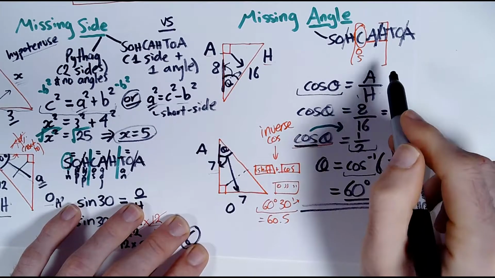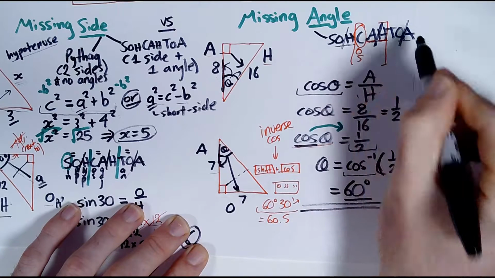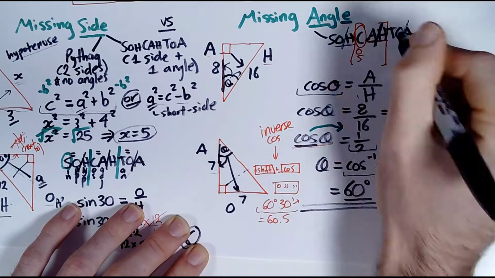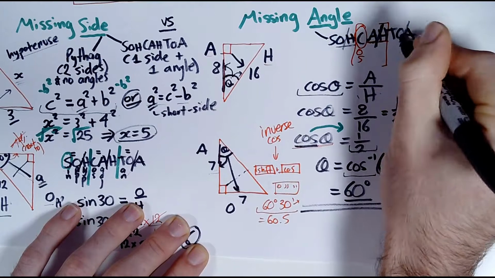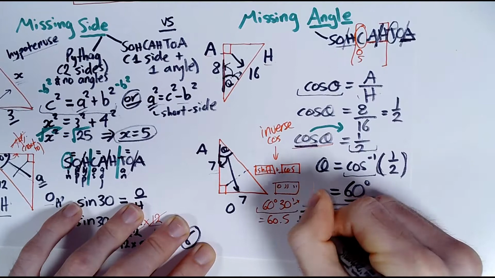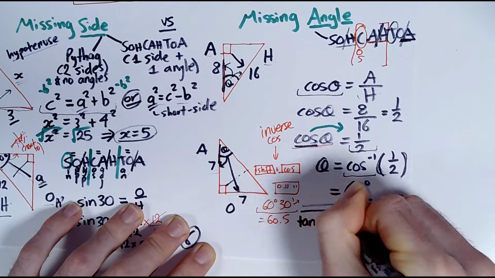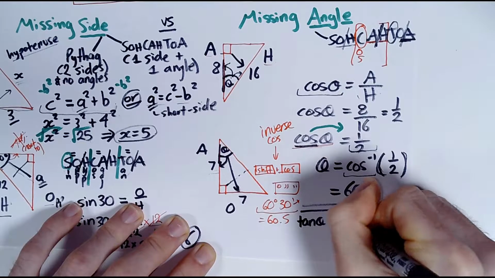And I have to now figure out which pair of letters here matches. Well, I know OA is O and A in SOHCAHTOA. So because the O and the A is there, it's telling me to use tan. So I'm going to write tan theta equals opposite over adjacent. Again, always important to do it in the right order.